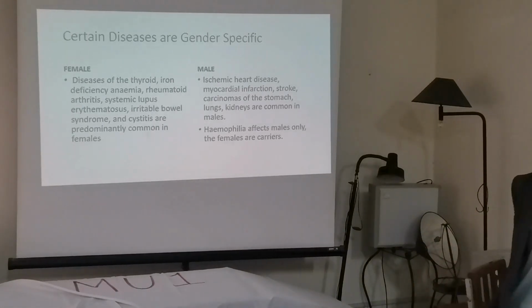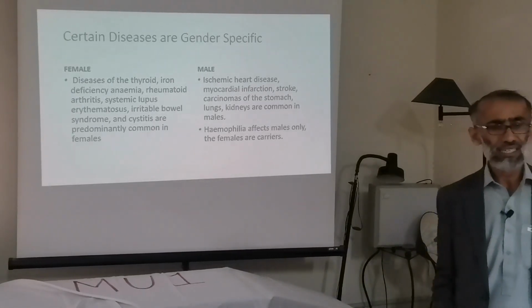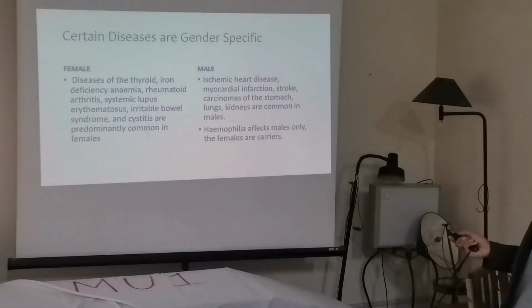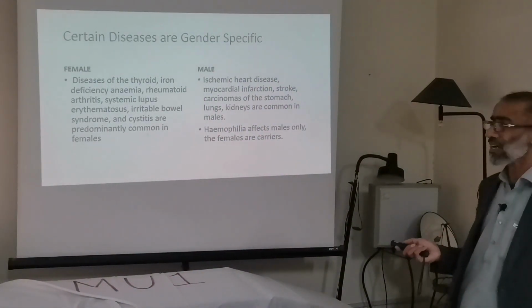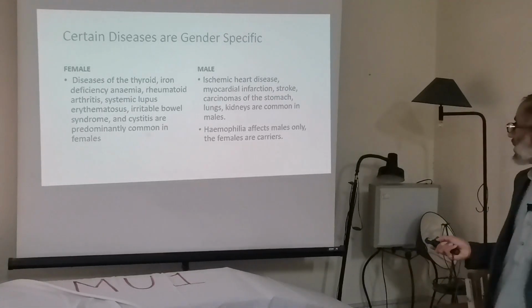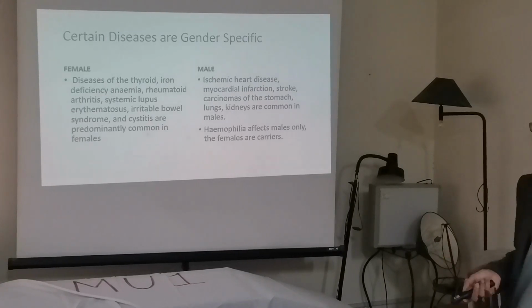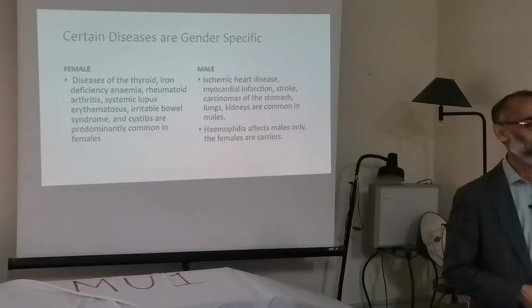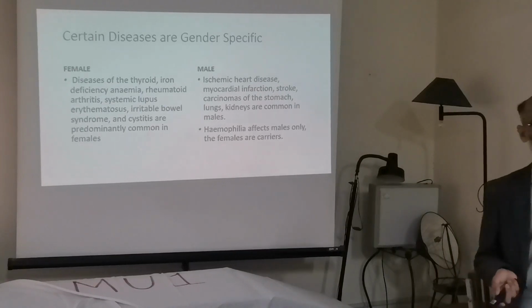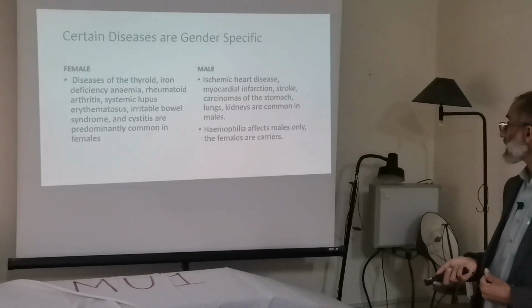While ischemic heart disease, MI, stroke, and carcinoma of the stomach, lungs, and kidneys are common in males. Hemophilia affects males only, the females are carriers. So on the basis of sex, you are going to differentiate the certain disease possibilities.